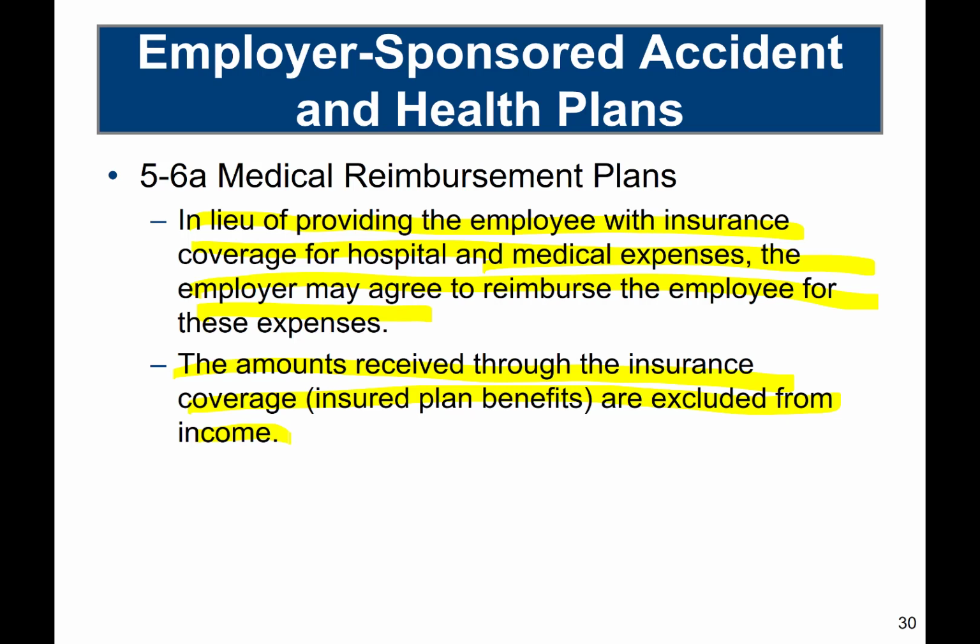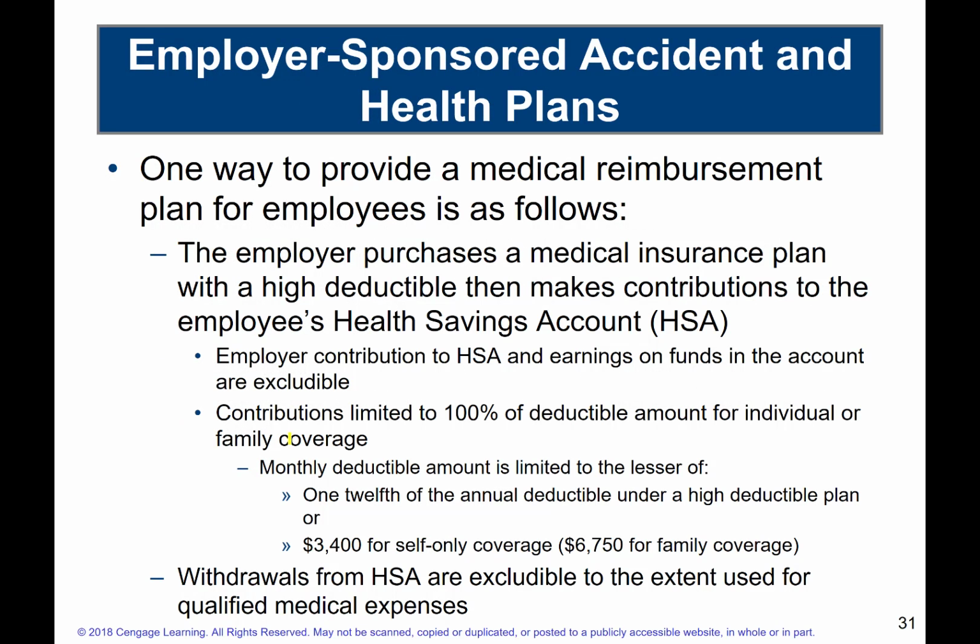Okay, good. Now take a look at this example, where we have employer-sponsored accident and health plans. The employer could purchase a medical insurance plan with a high deductible and then make contributions to a health savings account.